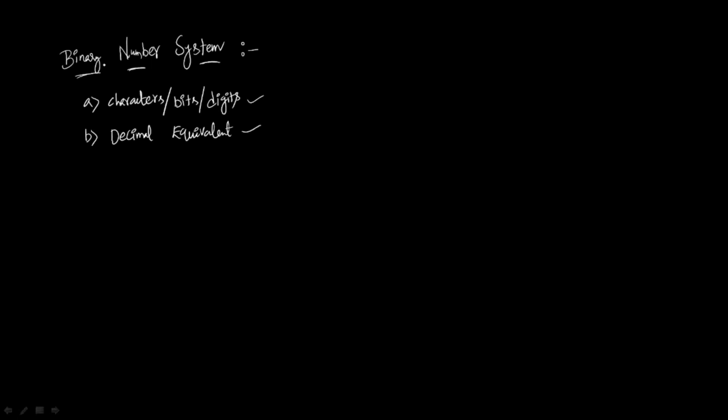So the binary number system is also sometimes called, by some authors, the base 2 number system. The reason why we are calling this the base 2 number system is that the characters or the bits that we use to represent a number in a binary number system are 0 and 1.